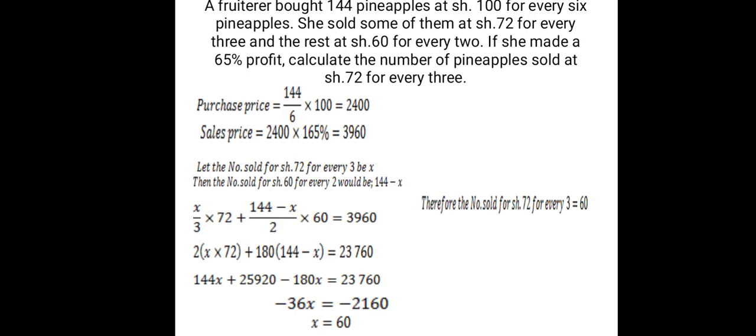If we take x divided by 3 multiplied by the price for every 3 pineapples plus 144 minus x divided by 2 multiplied by the price for every 2 pineapples, we get the total amount she got, 3,960. Now we solve to get the value of x. When we solve, we get that x is 60. So this means that the number of pineapples she sold for 72 shillings for every 3 was 60 pineapples.